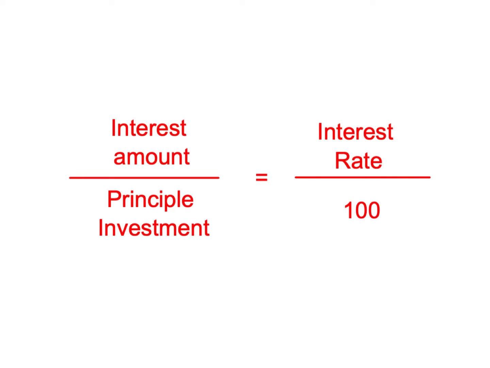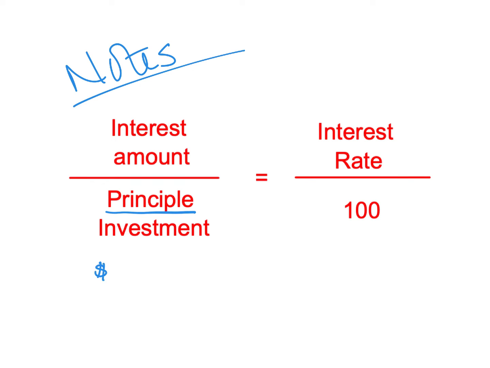So I want this put into your notes, please. Again, it's not going to look anything different. It's our percent proportion. Our principal investment is how much money you have in the account. We're talking about savings accounts and CDs, which are certificates of deposit.